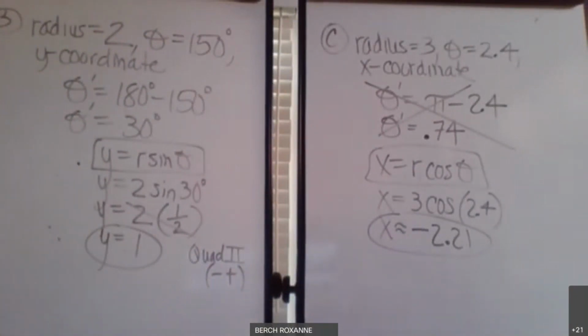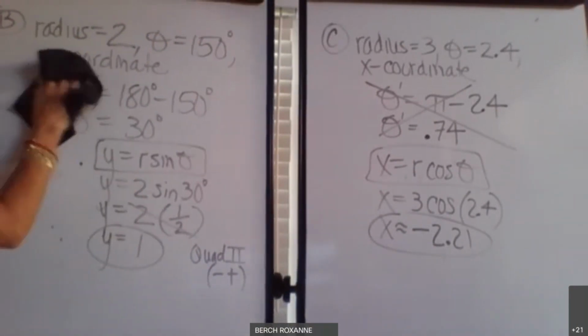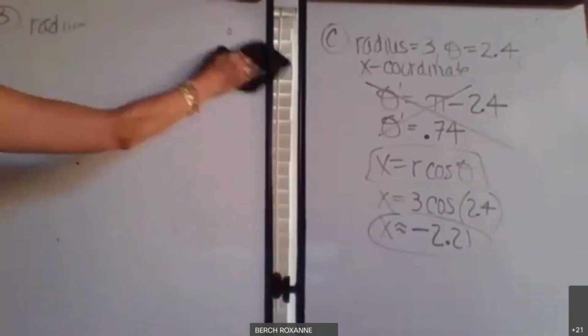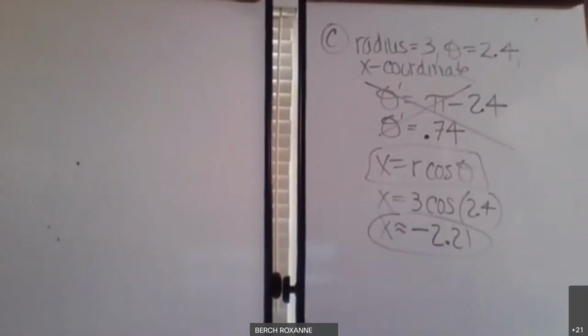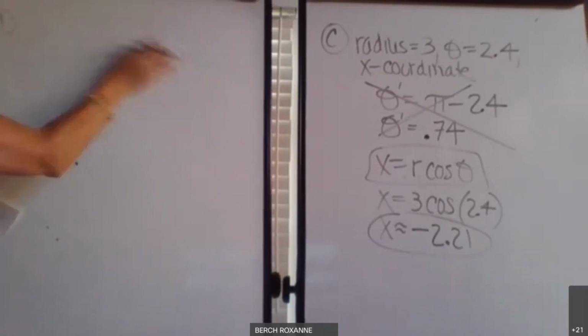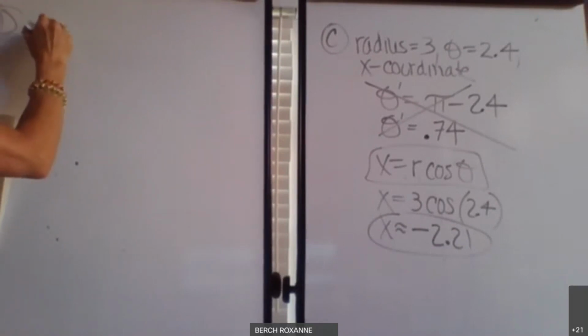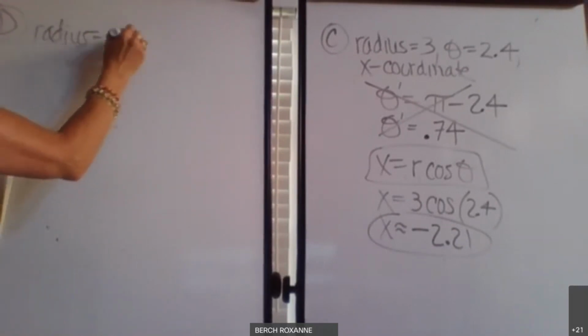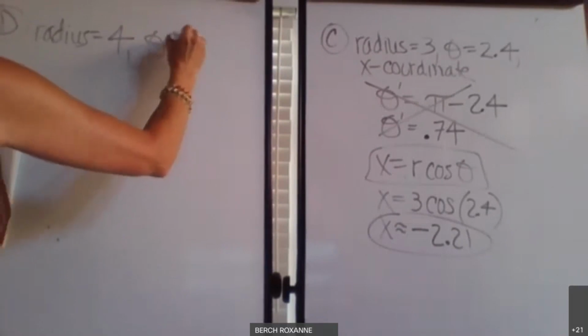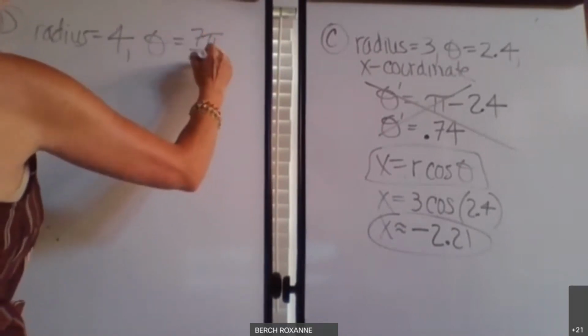I'm going to do one more. This time the radius is 4 and the angle is 7 pi over 6 radians.